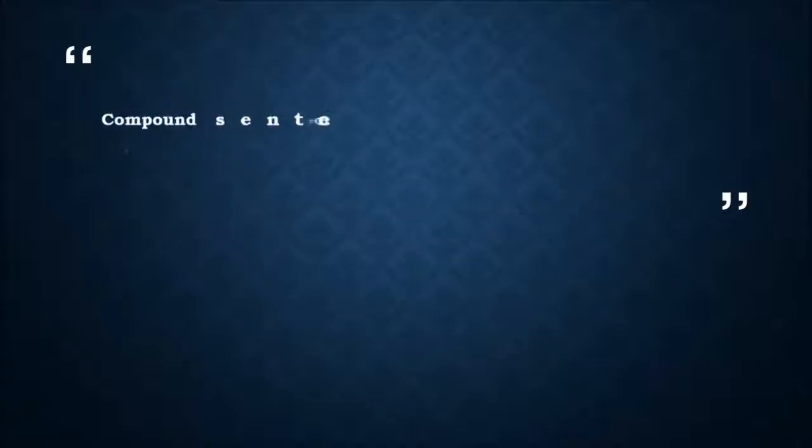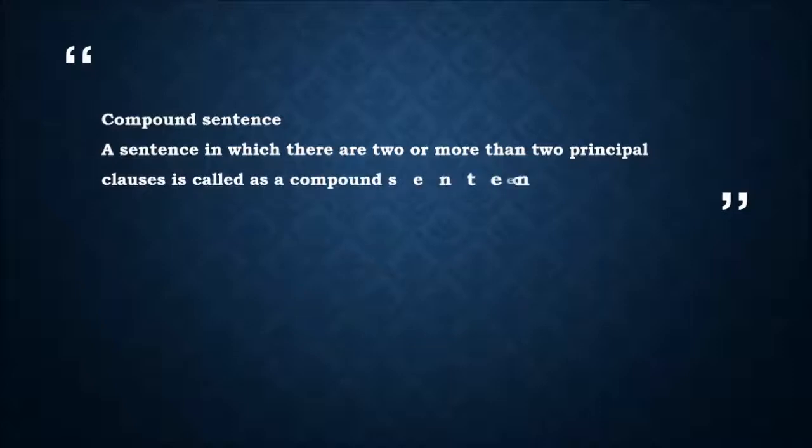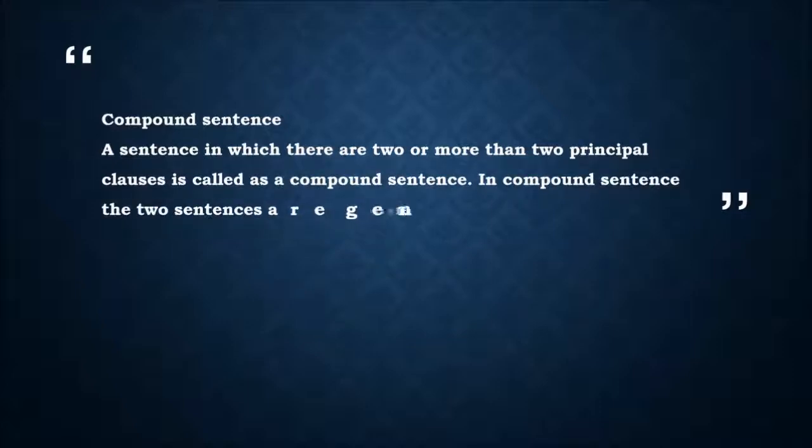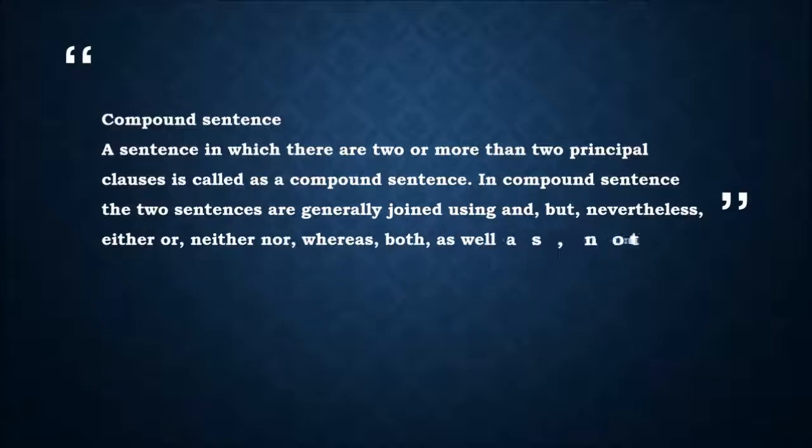A compound sentence is a sentence in which there are two or more principal clauses. In a compound sentence, the sentences are generally joined using and, but, nevertheless, either or, neither nor, whereas, both, as well as, not only but also, otherwise.